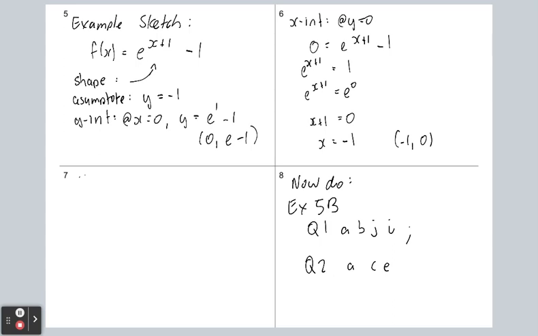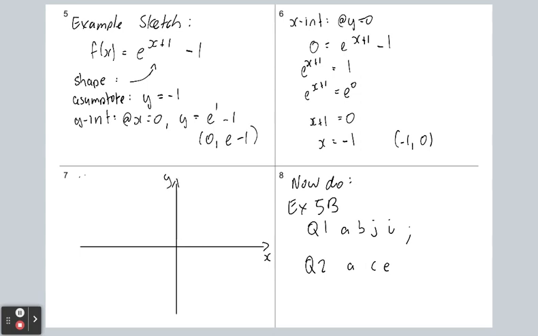So now we can see that this means it's going to cut through the x-axis on the left of the y-axis, and it's going to cut through the y-axis above the x-axis. So now we can graph it. I'll do a really quick graph. There's x, there's y.